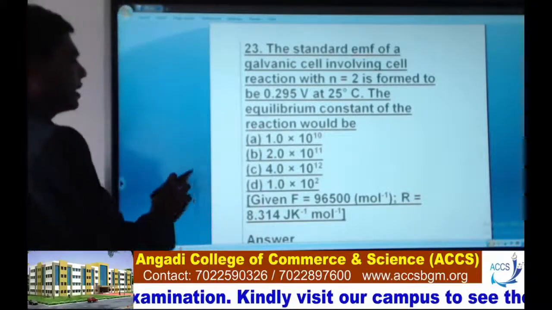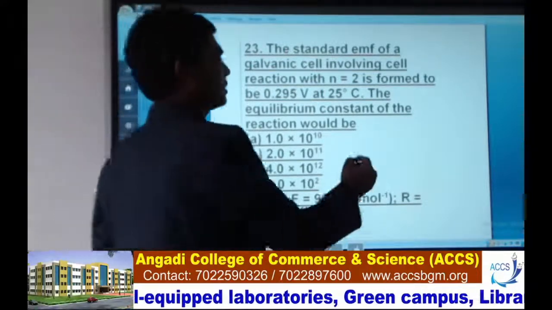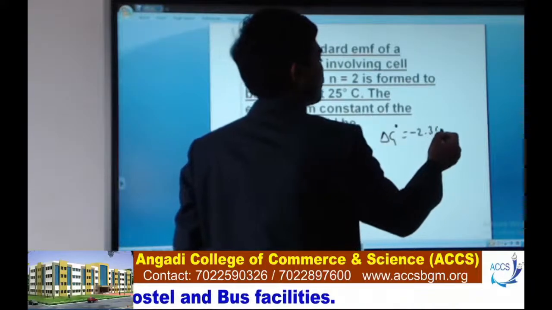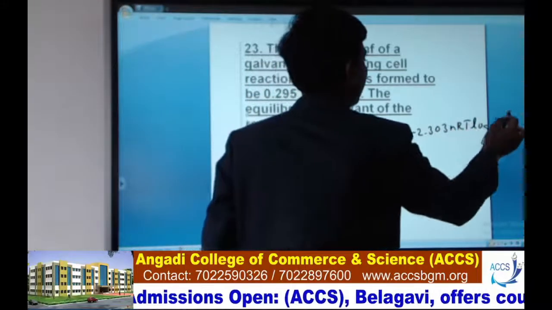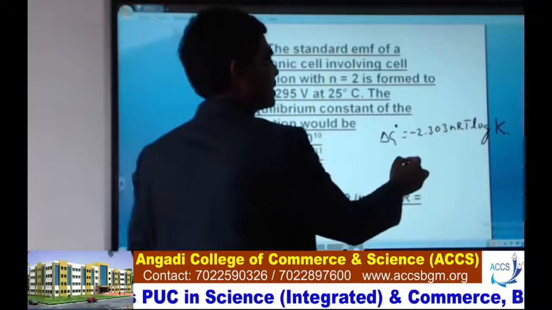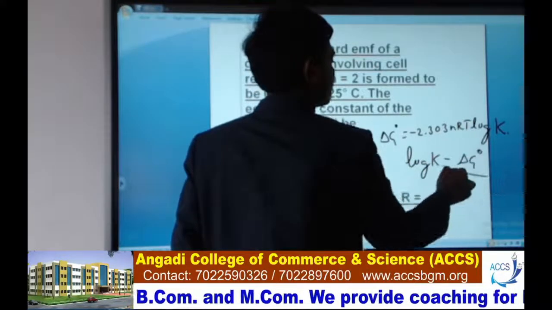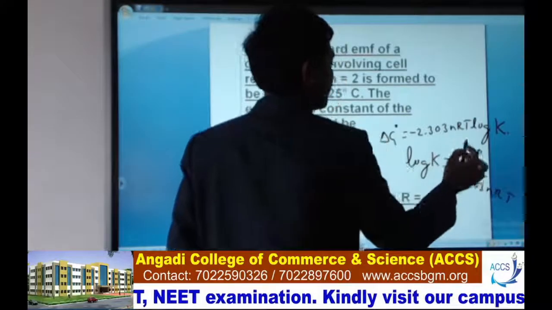Again, for the equilibrium constant you have to go with the formula: delta G naught is equal to minus 2.303 nRT log K. When you take log K outside, we get the equation: log K is equal to delta G naught divided by minus 2.303 nRT.